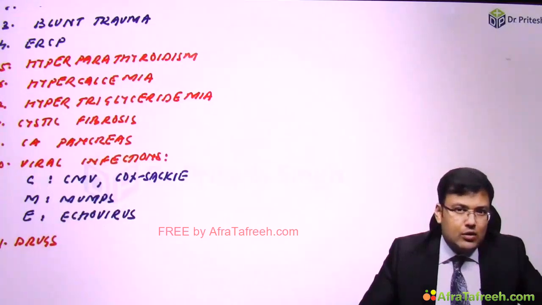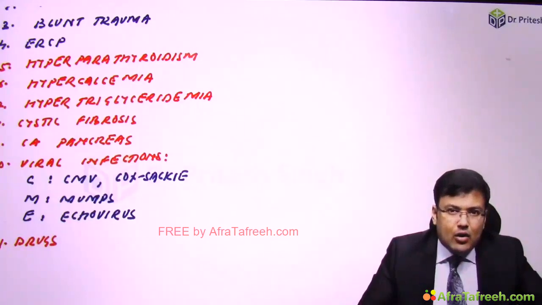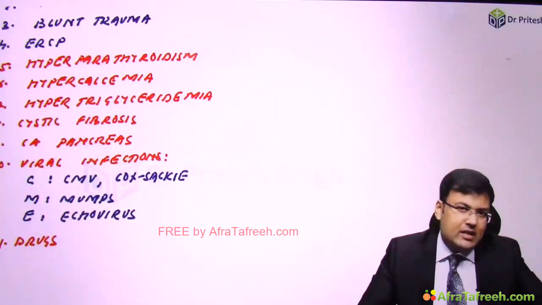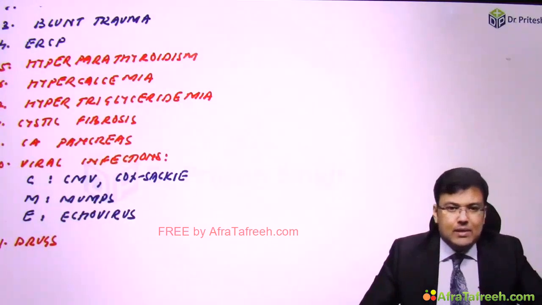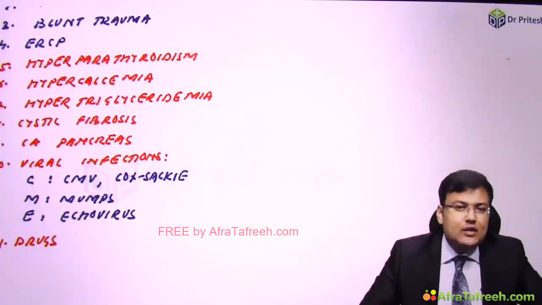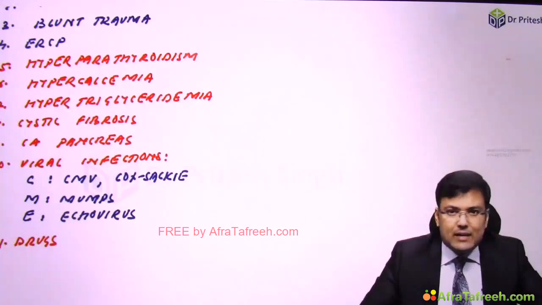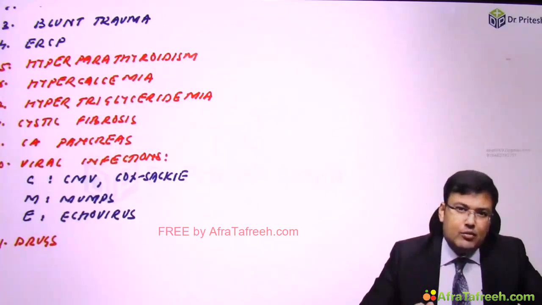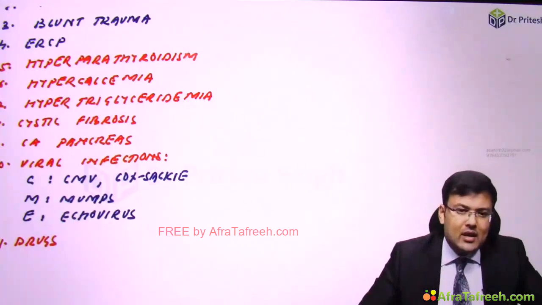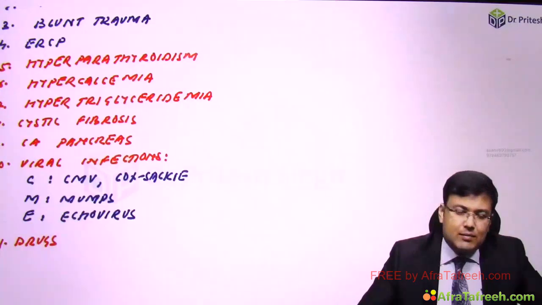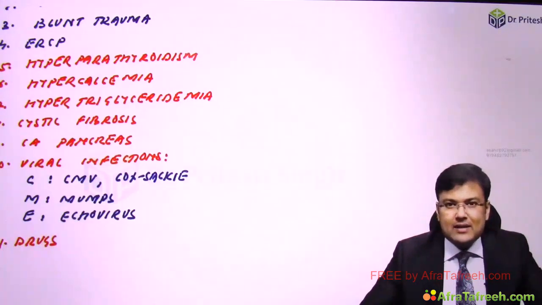So gallstones are going to cause obstruction temporarily. Alcohol, there are secretions deposited in the pancreatic duct. In hyperparathyroidism, in patients of hypercalcemia, there is stone formation. In cystic fibrosis, there is deposition of seromucinous secretions. Carcinoma pancreas compresses the pancreatic duct. So all these are responsible for acute pancreatitis.